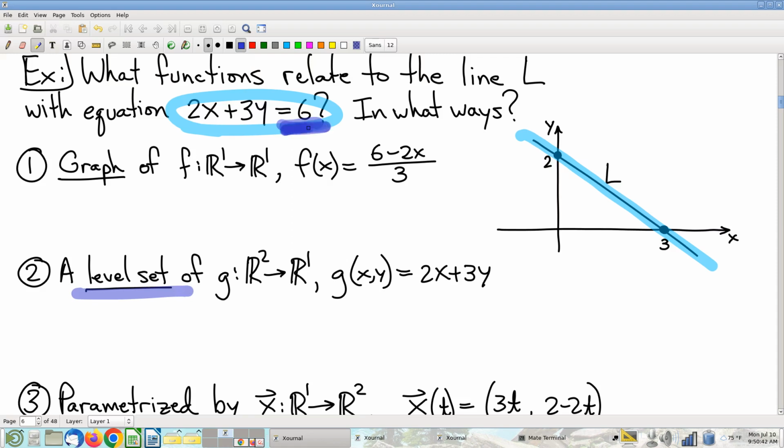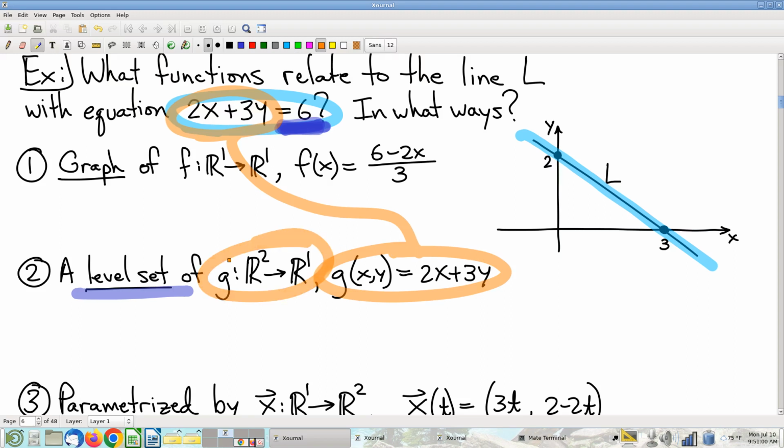See? It's already stuff equals constant. How do you take a level set of a function? You take that function and set it equal to a constant. That's already in this form. So this line is a level set of that function. Notice it's a function with 2 input variables, not 1.